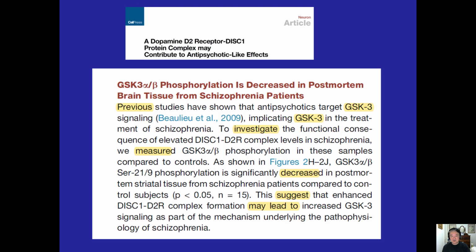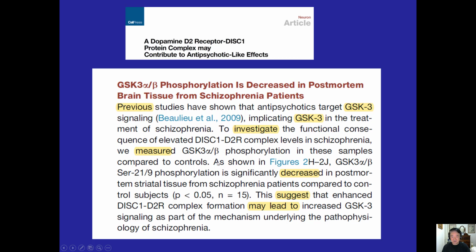So this is like the objective or the aim: in order to investigate the function of this complex, then they measured. So this is the key word, key verbs. This first part is to justify why you do this work. In order to investigate, then we measured this GSK3. So this is a very close link to each other.